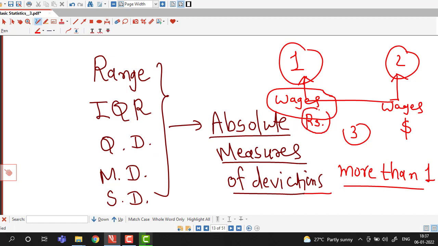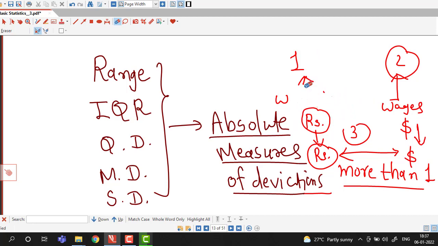Then the absolute measure of deviation depends on the unit. Whatever absolute measure we find for one company will be in rupees, and for the other company it will be in dollars. So it is not comfortable to use an absolute measure to compare the variability or consistency of more than one data set.